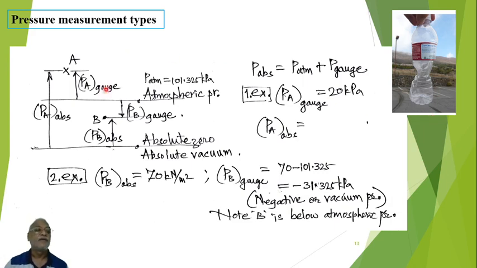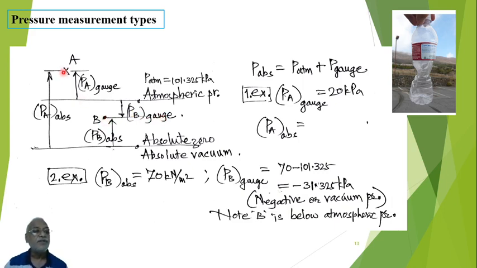Here, a similar diagram I have drawn. This is the level of absolute zero or absolute vacuum. Again, similar points, point A and point B, are there. If you measure with respect to atmospheric pressure, up or down, the pressure at A will be known as gauge pressure, and the pressure at B will also be known as gauge pressure.